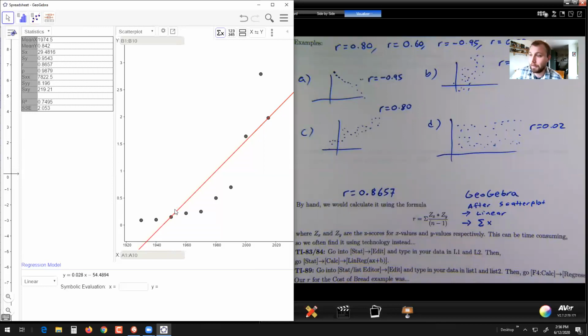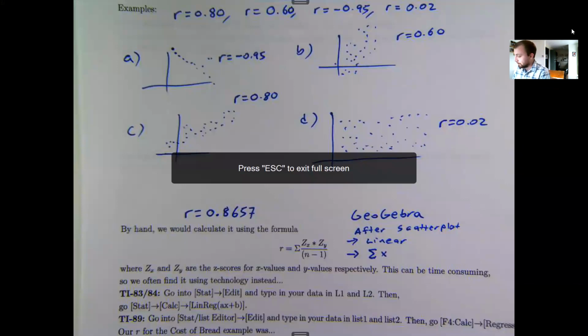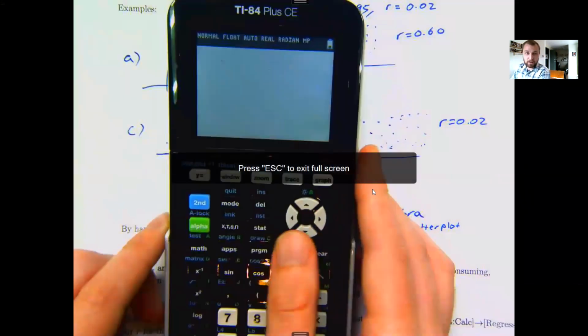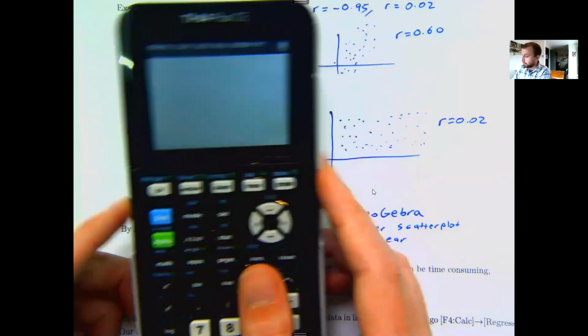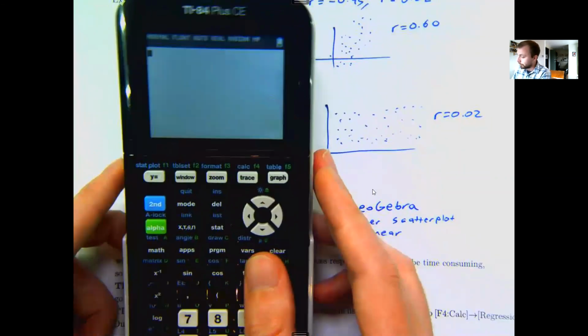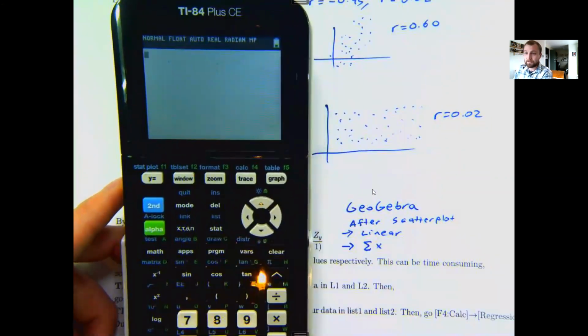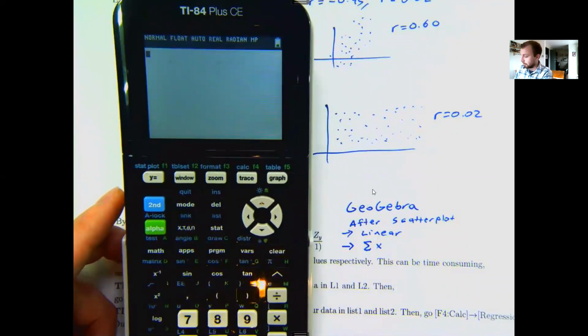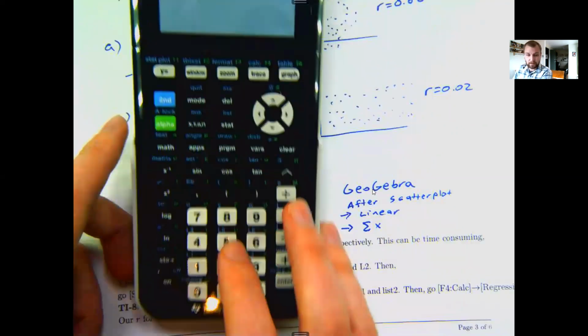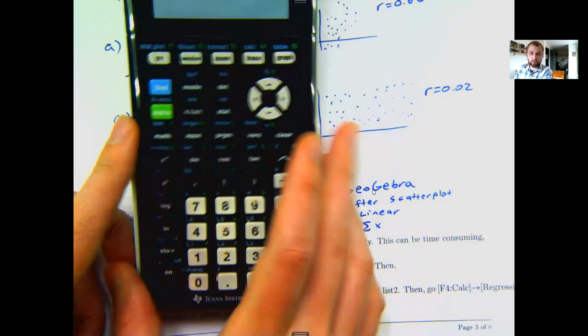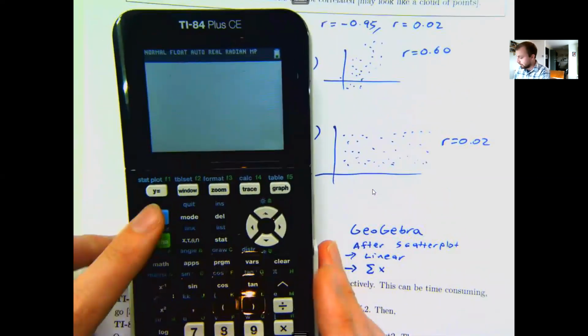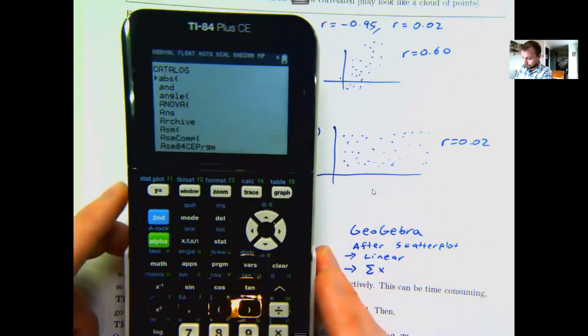Let's start with the TI-83 and the 84. I just want to show you one thing that you have to do before trying to do anything else, and that's you have to make sure that your diagnostic is on. So hit the catalog button, which is here in blue, hit second and then 0.